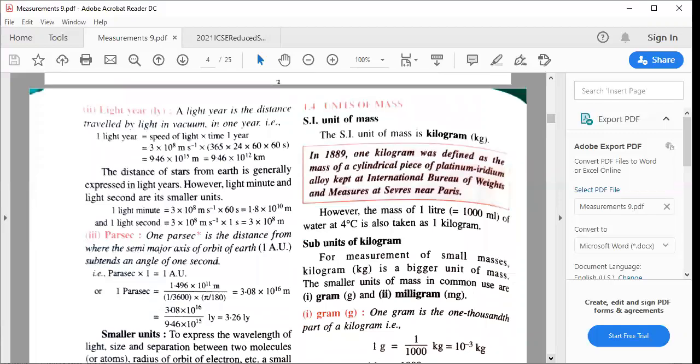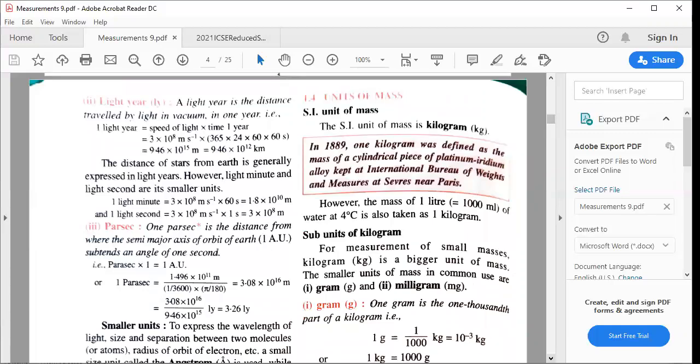ओके, देयर इज अनदर यूनिट कॉल्ड पार्सेक. It is a distance from where the semi-major axis of orbit of Earth subtends an angle of 1 second. I was hoping to draw a diagram. So semi-major axis is this one.